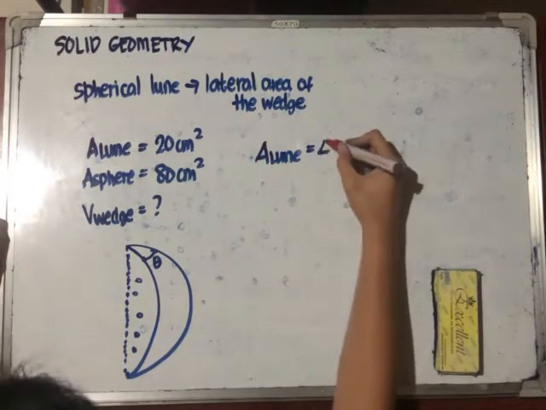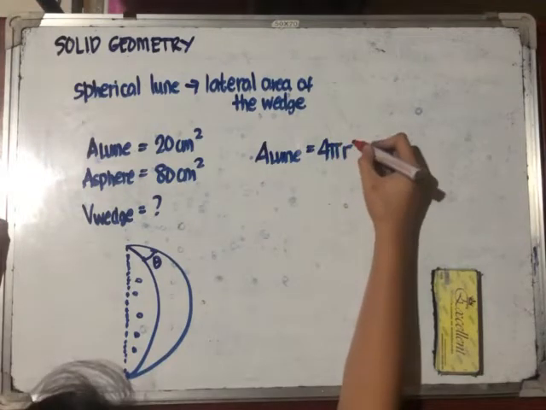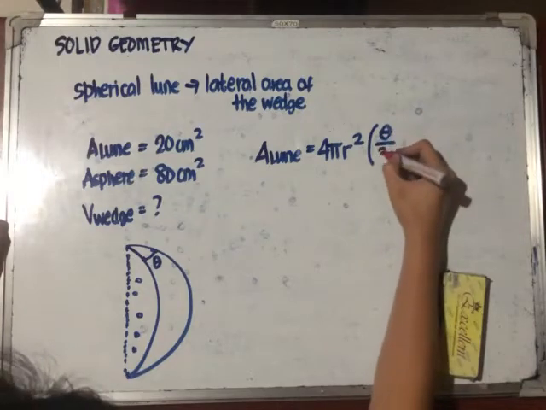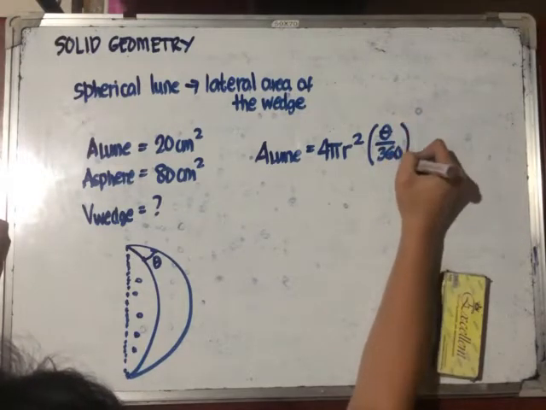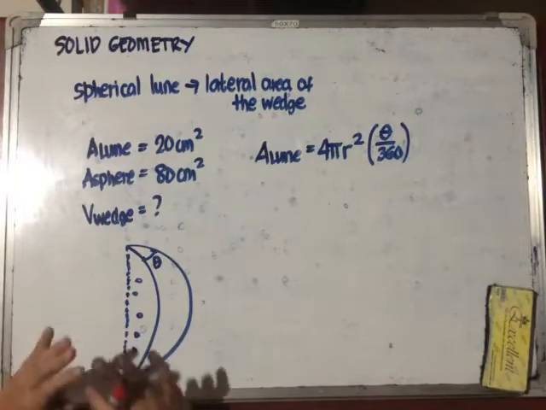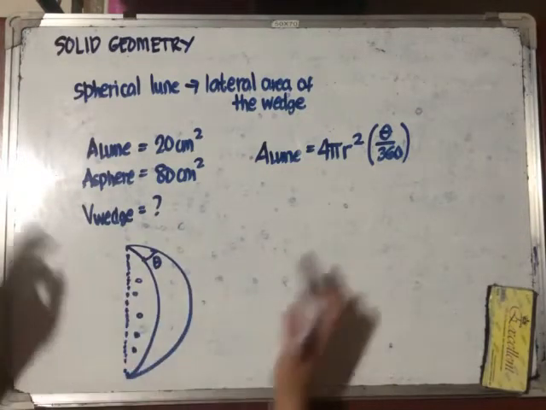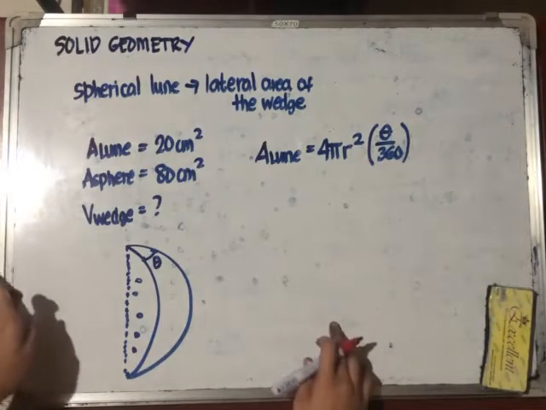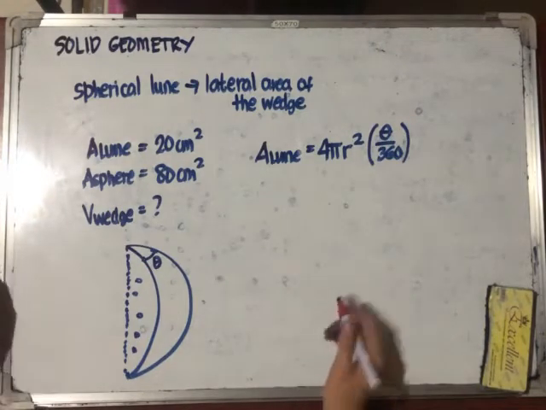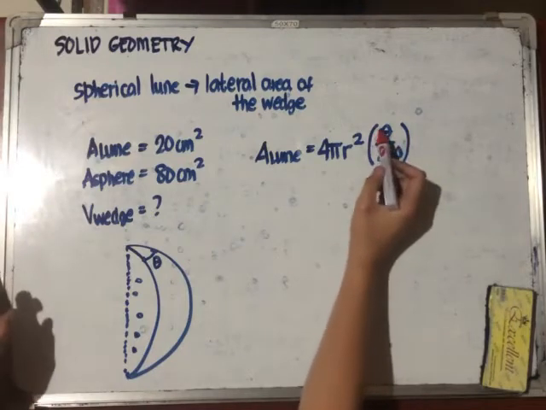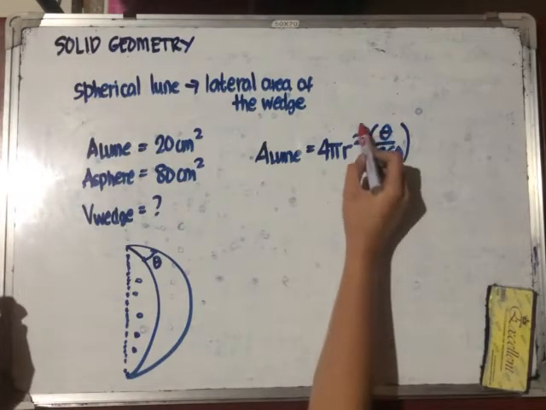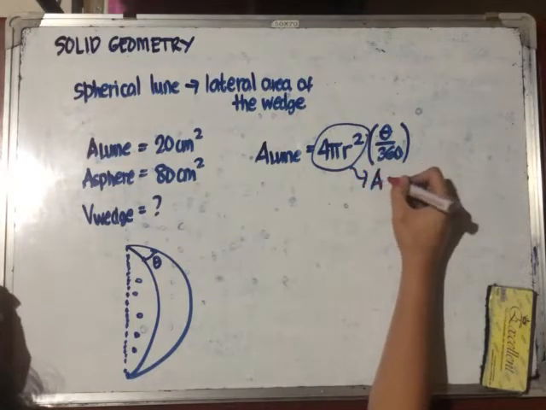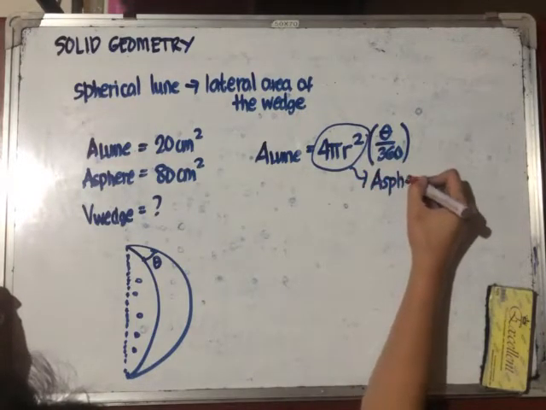And area of this lune, yan, area of the lune kasi, we can compute that by 4 pi r squared times the dihedral angle over 360. Kasi kinukuha mo lang kung anong portion of that whole 360 degrees ang gagamitan mo or ang kukunan mo ng equivalent to the area of the lune. Tama ba? Kaya ka may theta over 360 dito to show the proportion. And remember, this portion here is equal yan sa area of the sphere.